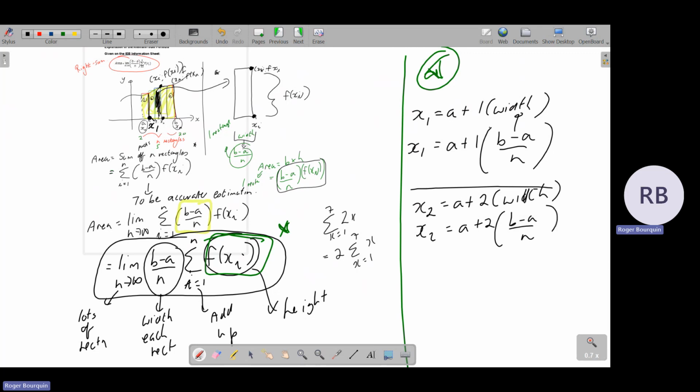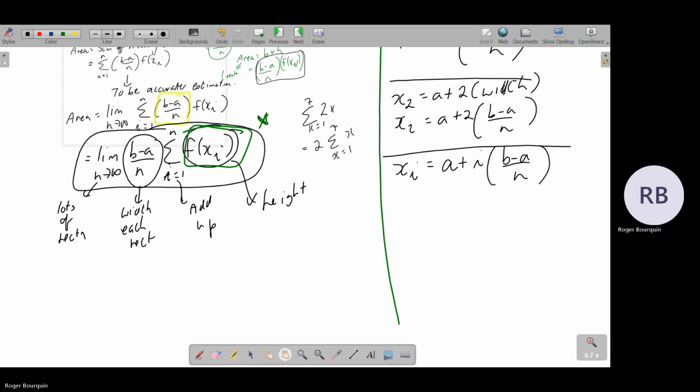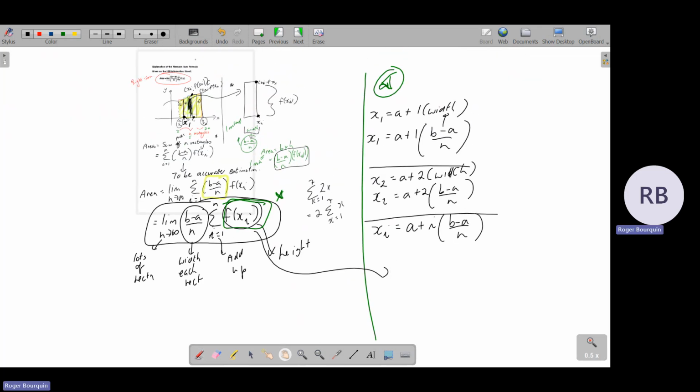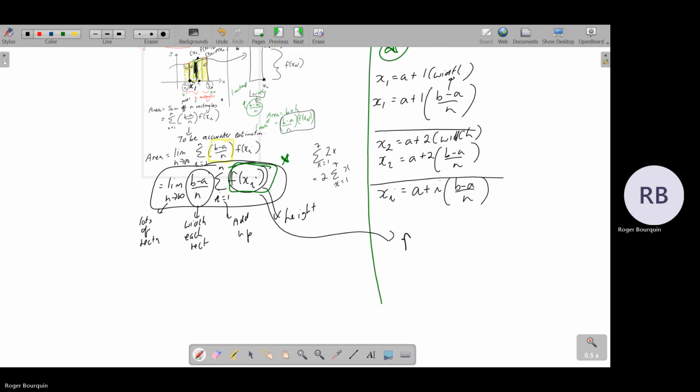So in general, looking for a pattern, to get to some xi, what would it be equal to? a plus i lots of (b minus a) over n. So in this formula, f of xi will be f of a plus i (b minus a) over n.